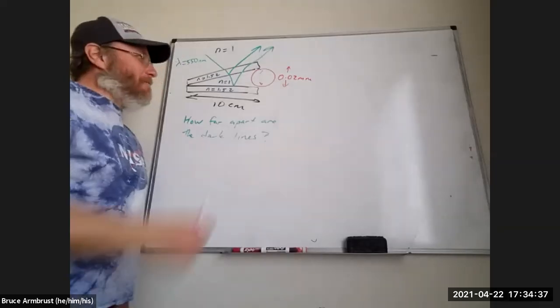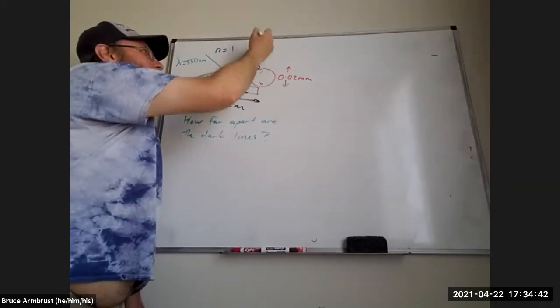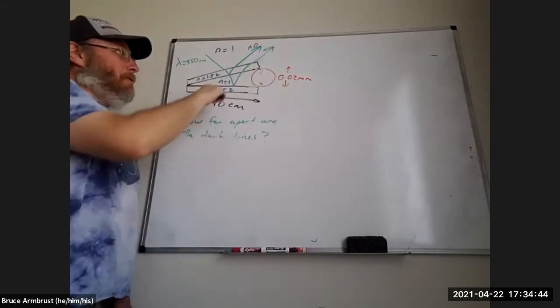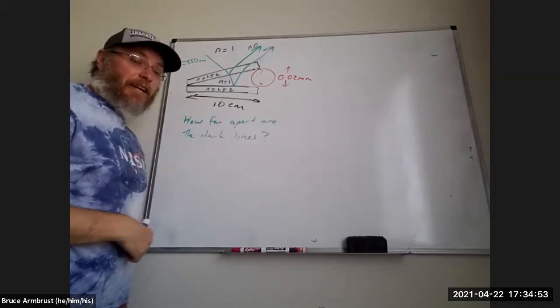Well, you shouldn't be. From glass to air, there's actually no change, because we're going from bigger n to smaller n. And when we go from bigger n to smaller n, there is no phase change due to reflection.